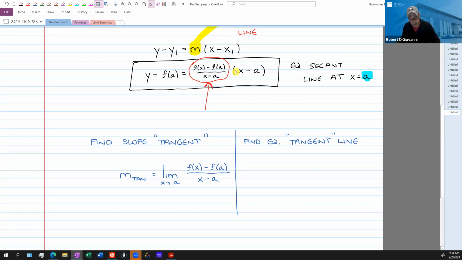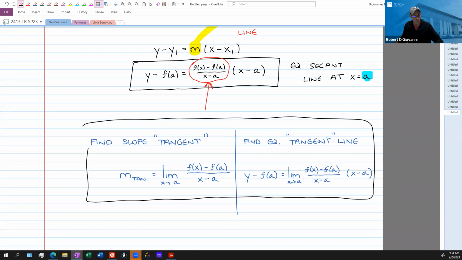So it's the exact same formula: y minus f(a) equals the limit as x approaches a of f(x) minus f(a) all over x minus a, and then over here in parentheses, x minus a. These two formulas are the huge takeaways from today. All right, we're going to now use these formulas.